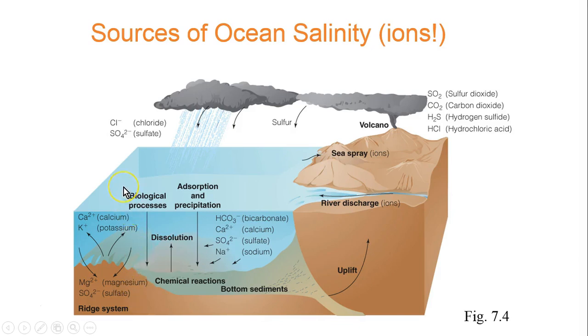Okay, so where do these ions come from? Ocean salinity is essentially dissolved solids, right? So they're ions. They come from various processes, and as you'll recall from the lecture about how our oceans got salty, chlorine comes out in volcanic eruptions, and then the sodium and other minerals are dissolved from the actual land on the seafloor.